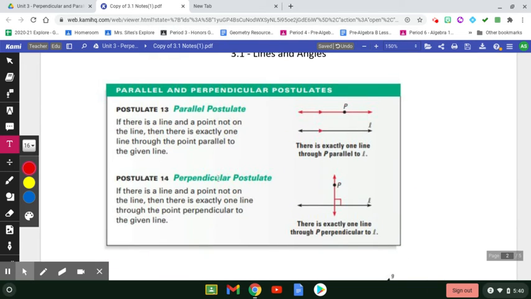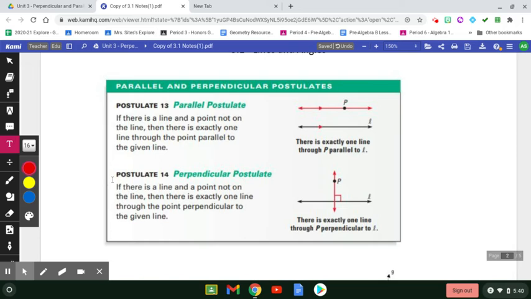All right, now we're going to move on and we're going to talk about some postulates that you guys are going to be adding to your collection of assumptions that we can build off of. So, one of those postulates is called the parallel postulate. It says if there is a line and a point not on the line, then there is exactly one line through the point parallel to the given line.